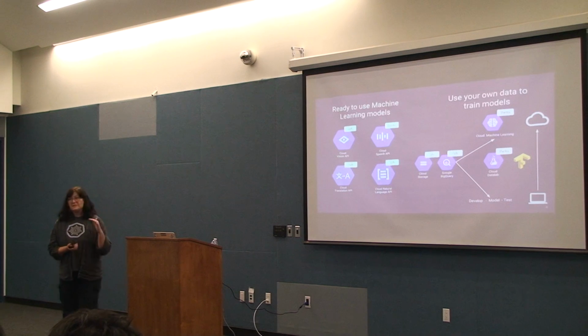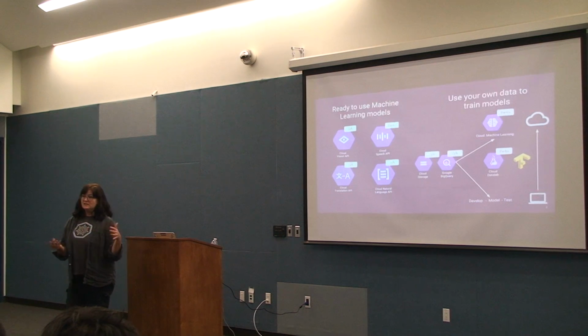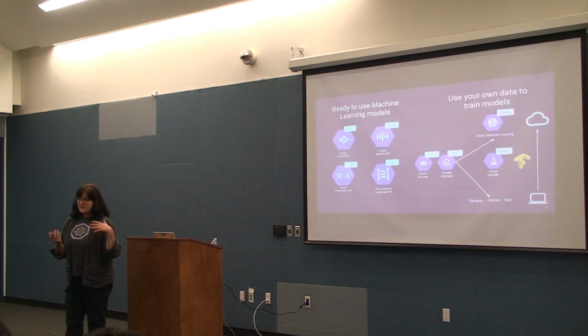Okay, and then at the other end of the spectrum is building and training your own models. TensorFlow is a framework to do that. And then the Cloud ML platform, which I'm not going to really talk about today, mostly due to lack of time, is essentially, so TensorFlow is open source, as you'll hear about more in just a second, and the Cloud ML platform is essentially a Google-hosted way to train and to serve your TensorFlow-based models.